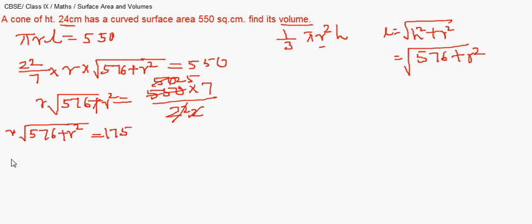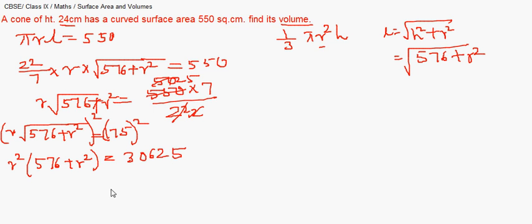So squaring both the sides, I'm getting r square into 576 plus r square, and this side is 175 into 175, which would give us 30625.